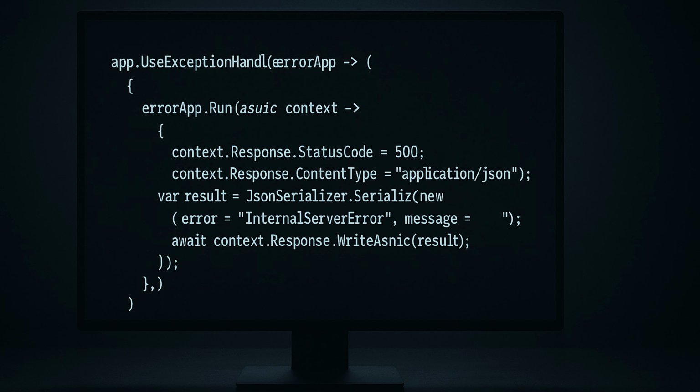And for the final, await context.Response.WriteAsync(result). This ensures that all unhandled errors are caught, formatted, and returned cleanly. No more raw stack traces or HTML exception pages.